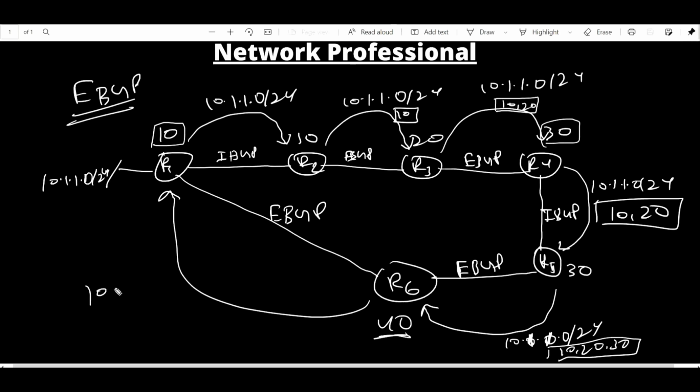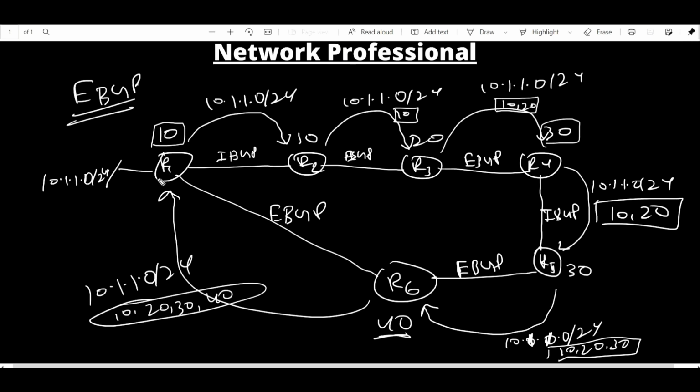So 10.1.1.0/24 and the AS path will be 10, 20, 30, and R6 will also include its AS number because R6 is advertising this prefix to an eBGP router. So R6 will include its own AS number, that is 40.